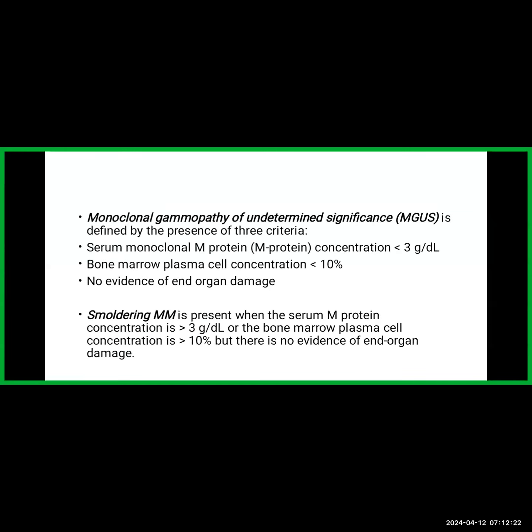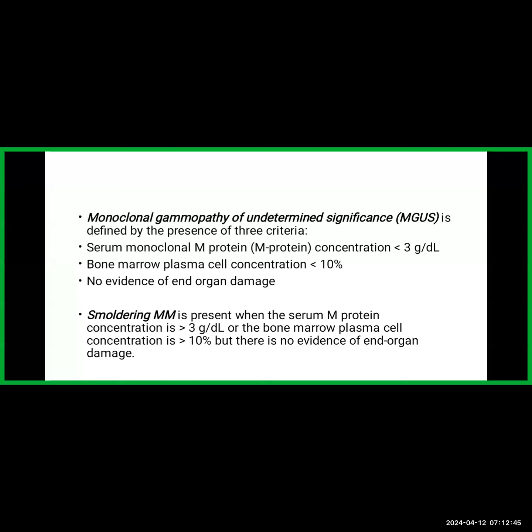So the monoclonal gammopathy of undetermined significance, which is the MGUS, is defined by the presence of 3 criteria, as I've stated here: serum monoclonal M protein less than 3 grams per dL, bone marrow plasma cell concentration less than 10%, and no evidence of end organ damage.